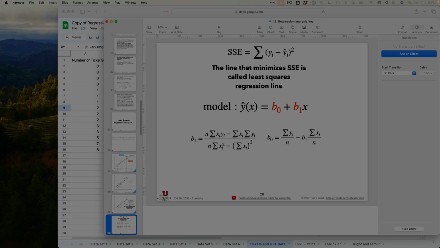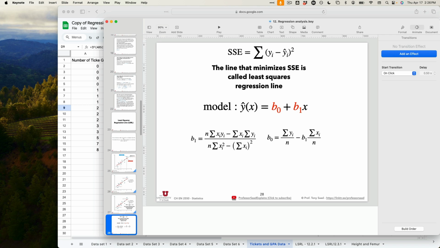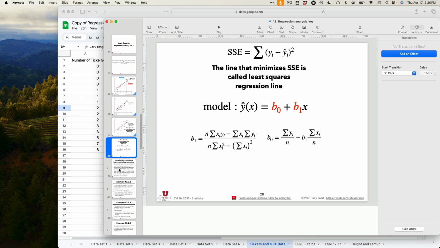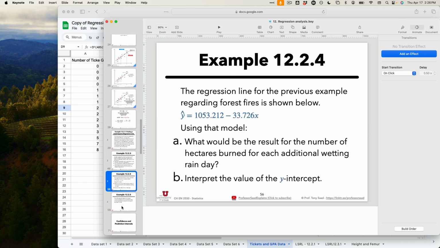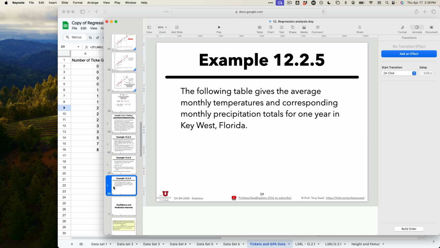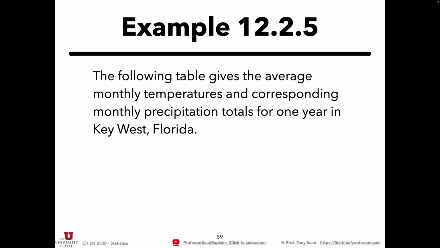Now there are 3 examples in the slides that you can work through. There's 1, 2, 3, but the example I want to get to is this one because it covers all of the other examples and a little more. The following table gives the average monthly temperature and the corresponding monthly precipitation totals for 1 year in Key West, Florida.